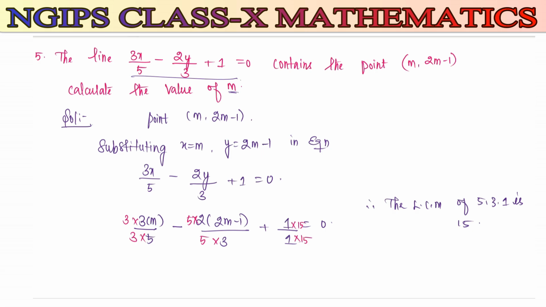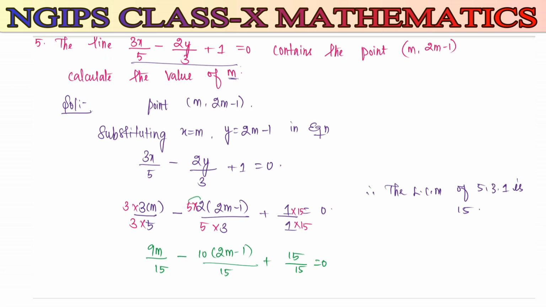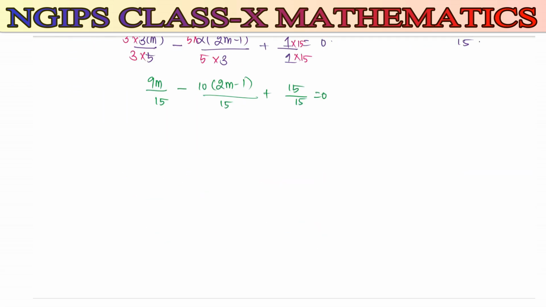Now, further if we simplify this, 3 3s are 9 into m divided by 5 3s are 15, minus 5 2s are 10, 10 into (2m minus 1) divided by 15, plus 15 divided by 15 is equal to 0. Now the denominators become the same, so we can simplify the numerators.